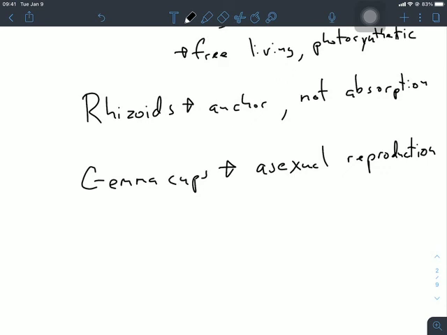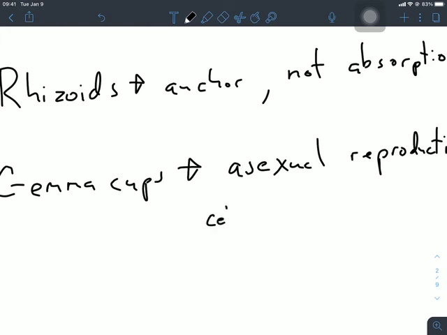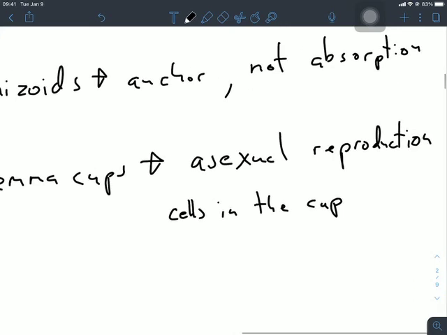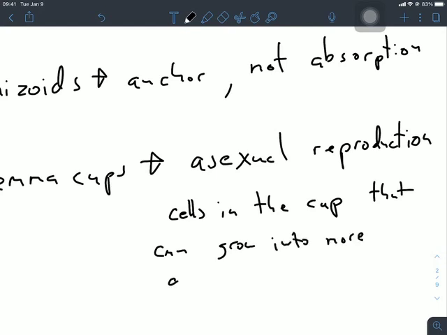So what happens here is that there are cells in the cup that are ready to go on to make more gametophyte. So it's gametophyte coming from gametophyte, or asexual reproduction.